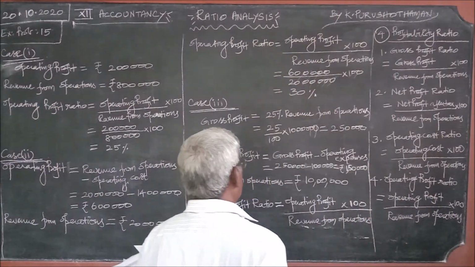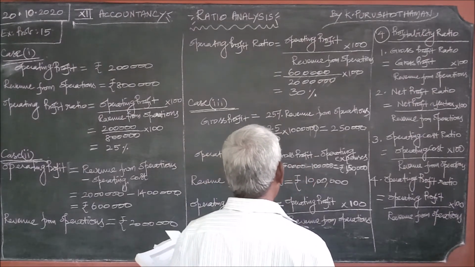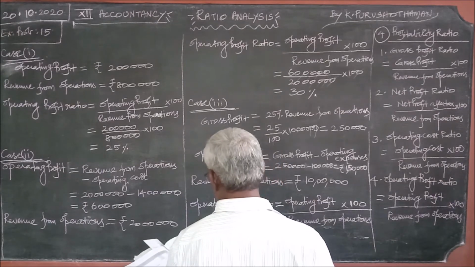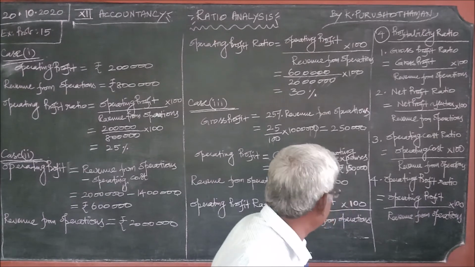So this numerator we have found out, 1,50,000, and denominator 10 lakhs it is given.